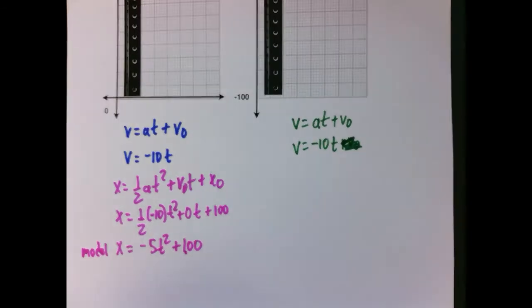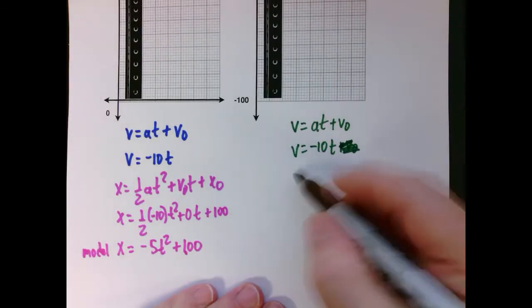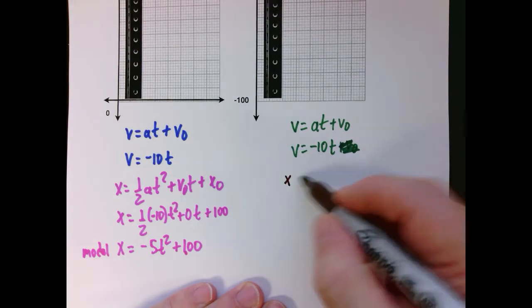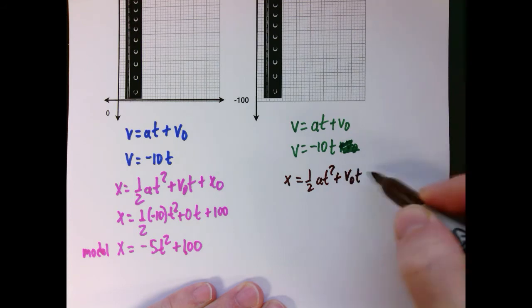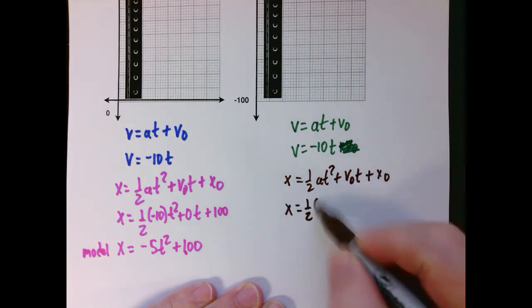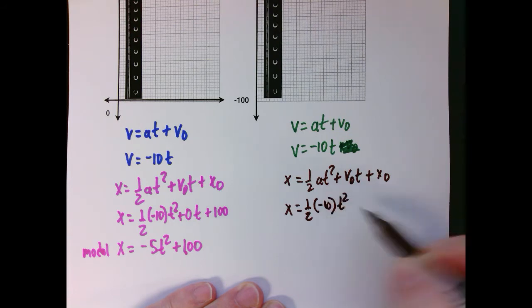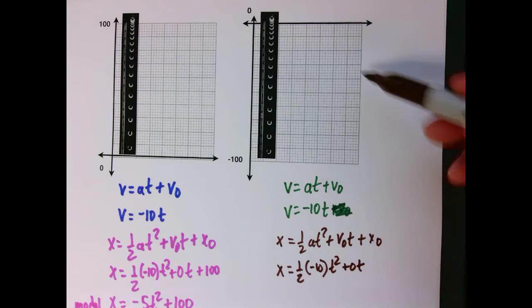Over here, if we do the same thing, we have x equals 1/2 at squared plus v0t plus x0. It's 1/2 of negative 10. Initial velocity is again 0, but the initial position in this case is 0.